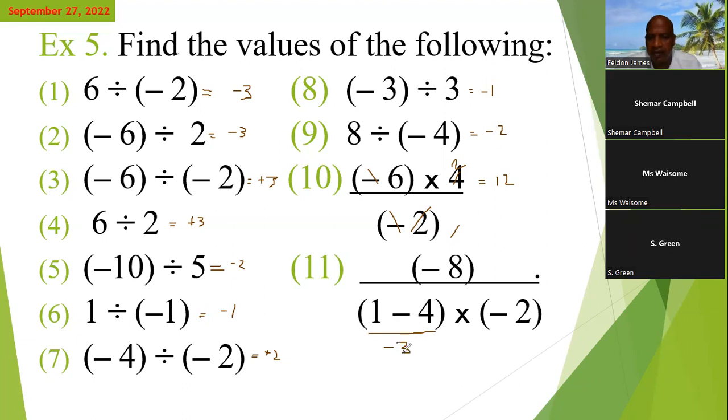So you have 1, 2, 3 negatives. That is an odd number. That means your sign is going to be what? Negative. If you have an odd amount of negatives, your answer is going to be negative.